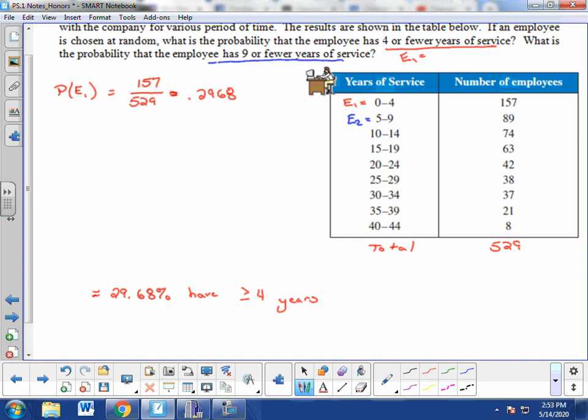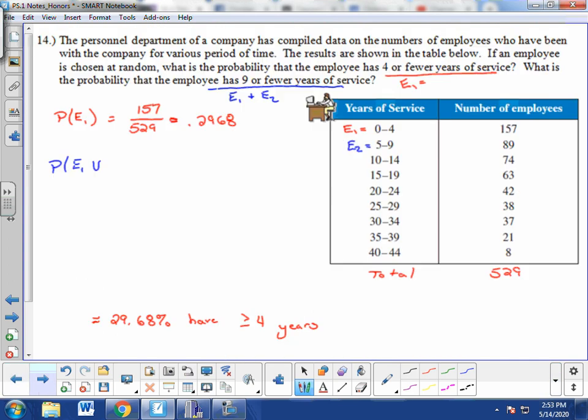So then the probability that we're looking for here is event 1 and event 2. Oops, not probability of event 1. This is the probability of event 1 and event 2. There we go. So this is different from what we just did before.